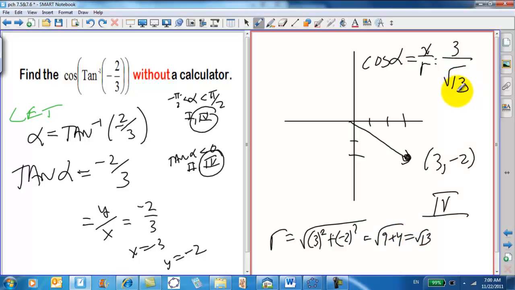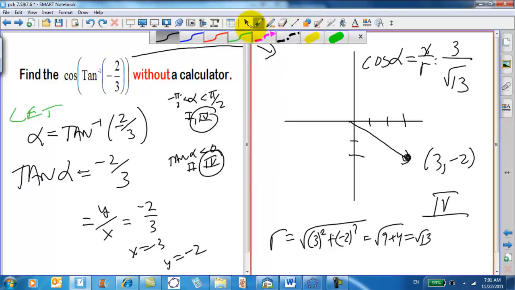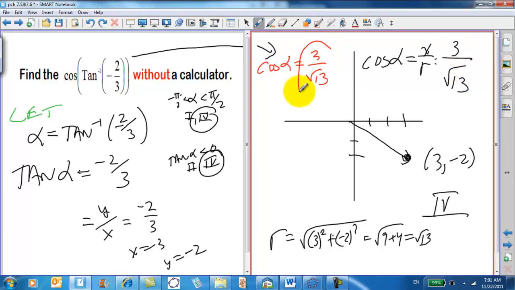So we get 3 over the square root of 13. And we're done. Because remember, we've translated the original equation into cosine of alpha, and cosine of alpha is 3 over the square root of 13, or 3 square root of 13 over 3. And you see that compares with our answer.